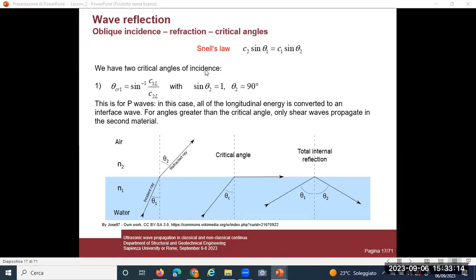Therefore, there is some angle when the transmitted wave is addressed in the surface. And this is called the critical angle.